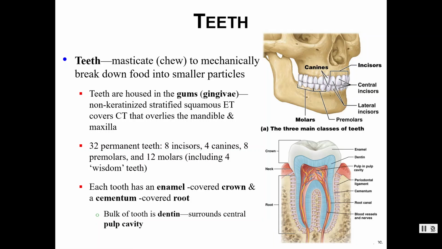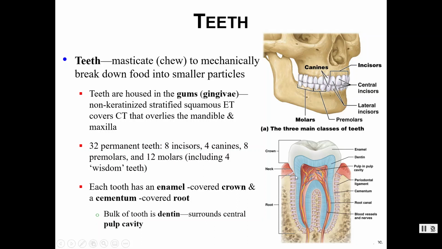Most of the tooth by volume is composed of dentin. Dentin, and all this blue stuff here. And all of that surrounds a central pulp cavity. Here's your pulp. You can see in the pulp cavity we have both blood vessels and nerve fibers.